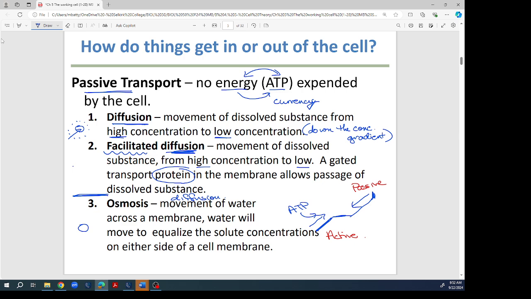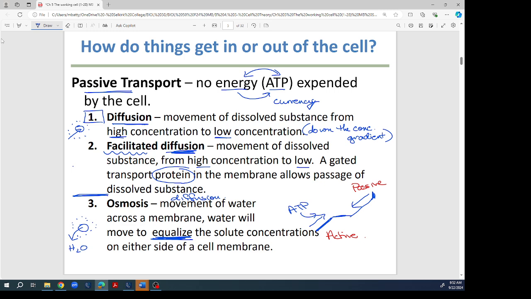If we have this cell that's in a really salty solution, like I talked about in number 1, the salt is going to diffuse in, but the water is going to move out via osmosis. The water moves out because it wants to equalize the concentration on either side of the cell. So the water's going to move to where there's more things dissolved, to where it's more concentrated.